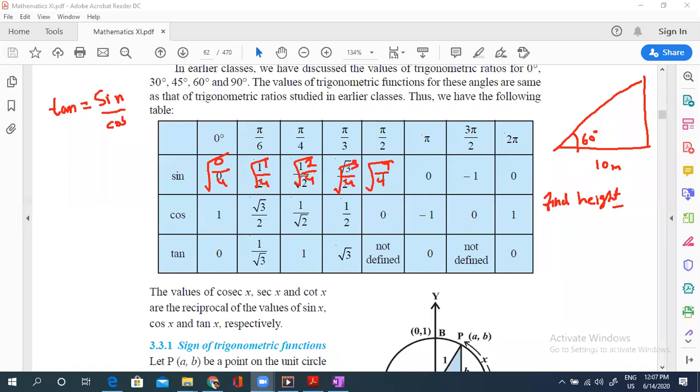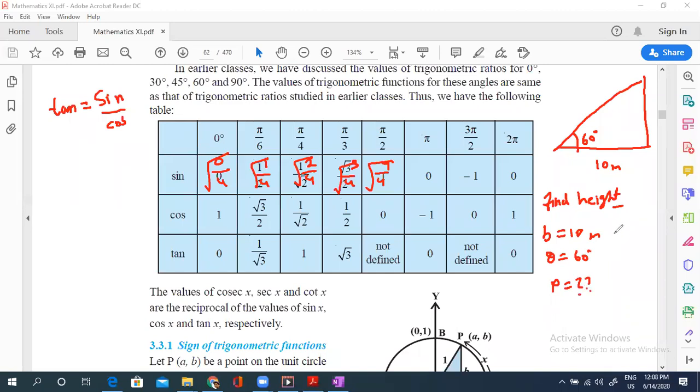See, this is the question written on the screen. Base is 10 meter, angle is 60 degree, find height. Yes, Prahlad, very good. So we have base as 10 meter, theta as 60 degree. We are to find perpendicular.